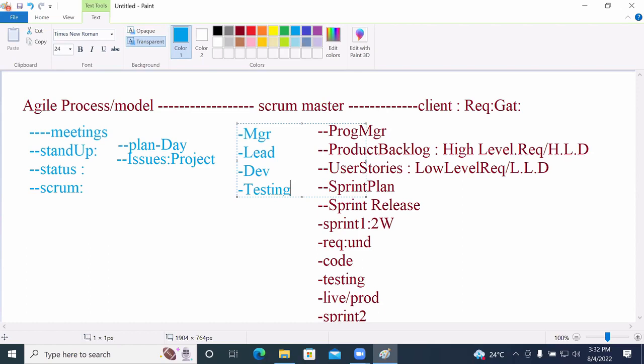As simple as that, while working with agile, the maximum issues will be discussed in this stand-up meeting.